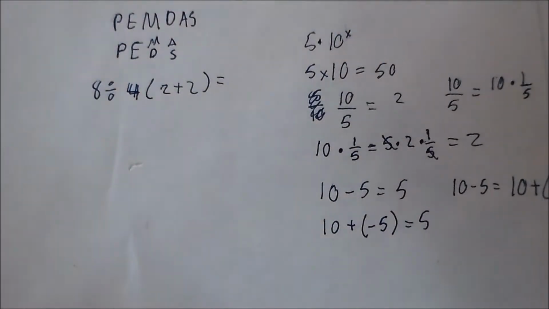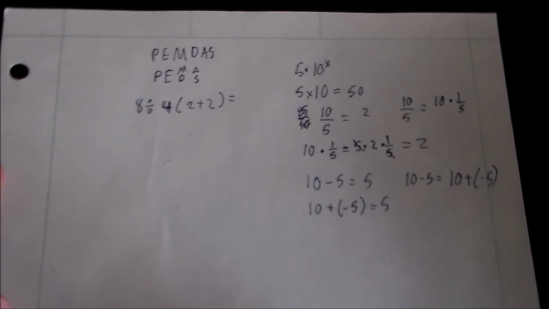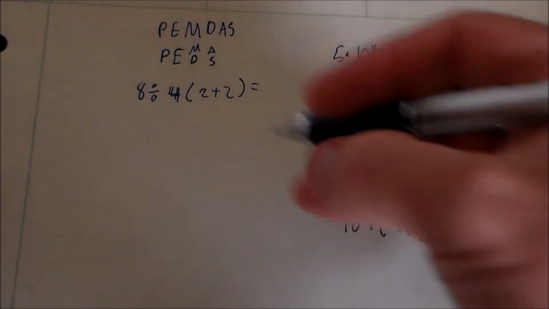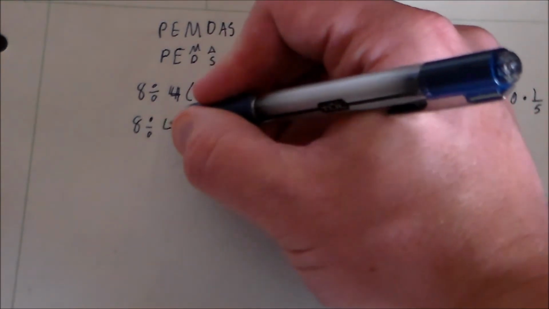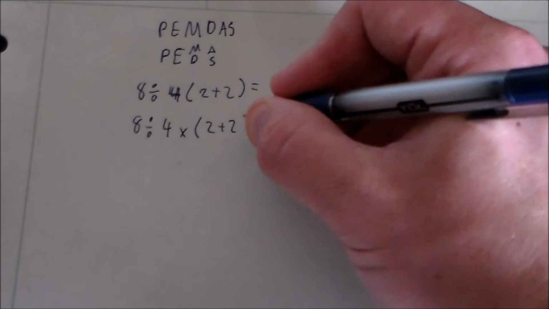So if you're having trouble with these kinds of problems, get rid of the assumed operators and make them explicit. So we have 8 divided by 4 times 2 plus 2.